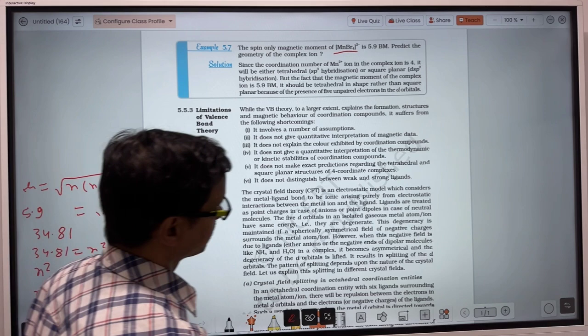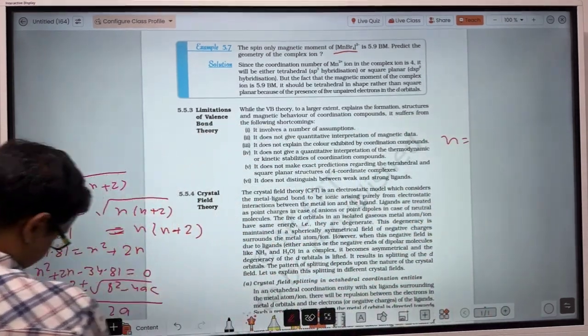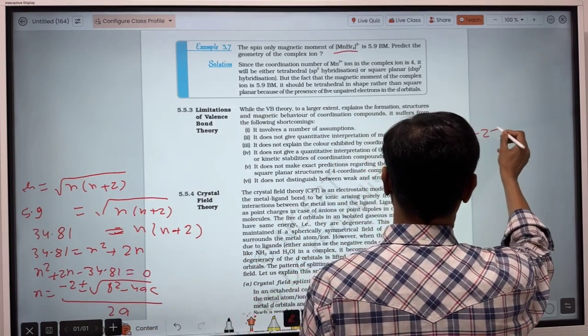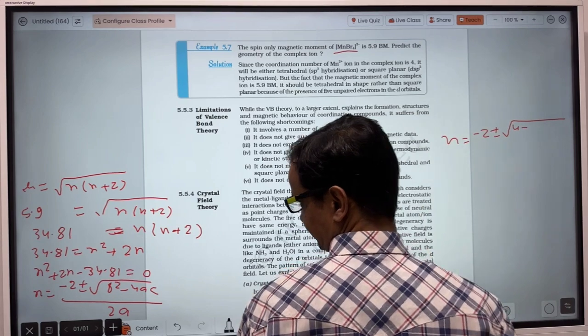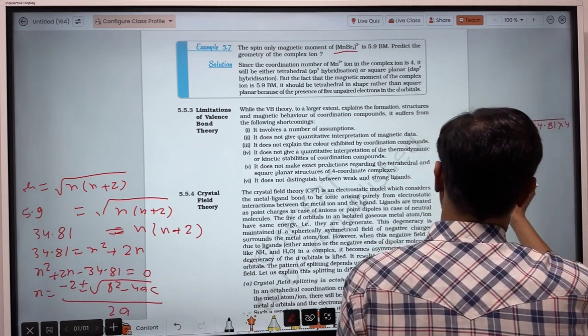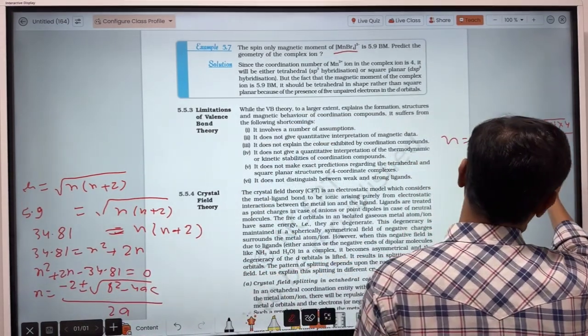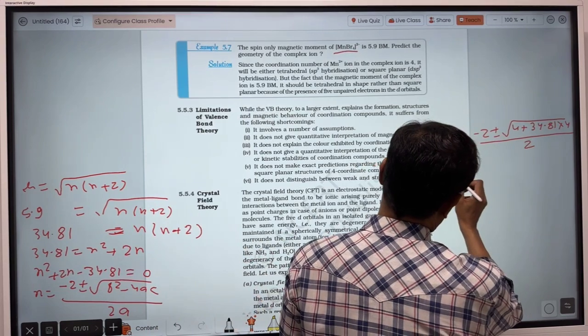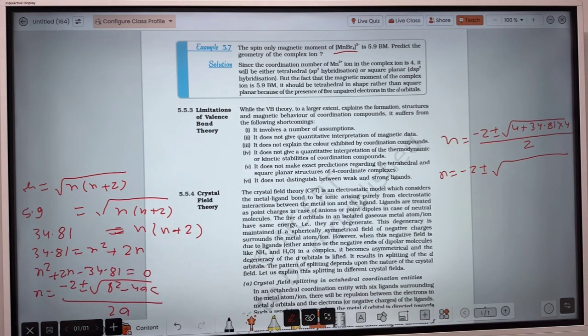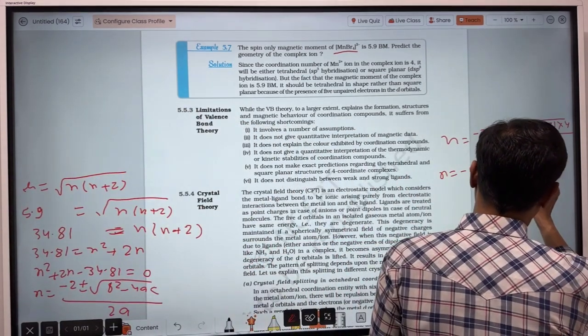So n equals minus 2 plus or minus root under 4 plus 4 into 34.81, upon 2. Calculate 34.81 into 4, that will be 139.24, and plus 4, so that will be 143.24.